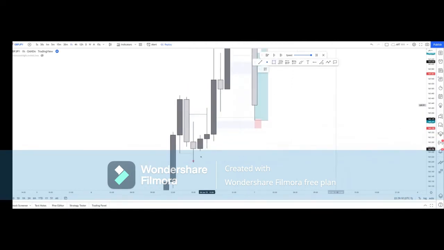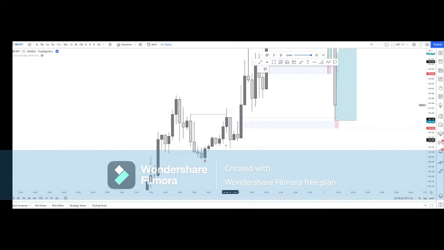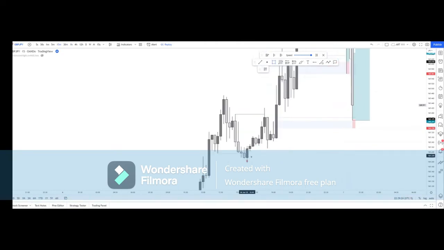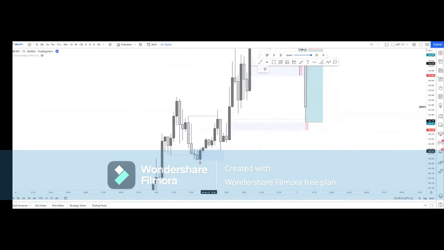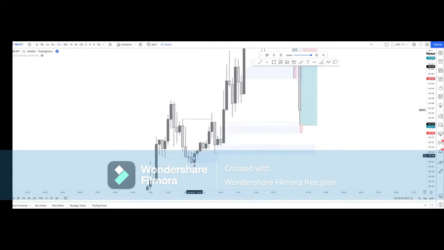Price went up, took out the low, mitigated that. Let's mitigate this, take out liquidity here. That came in to mitigate this. This was left unmitigated. Mitigated the open, but not the 50%. So that's mitigated. This is the next unmitigated area.